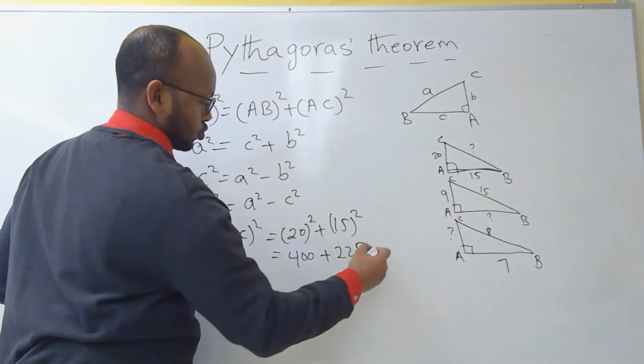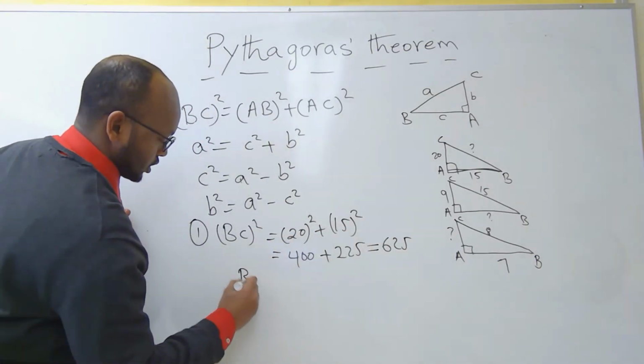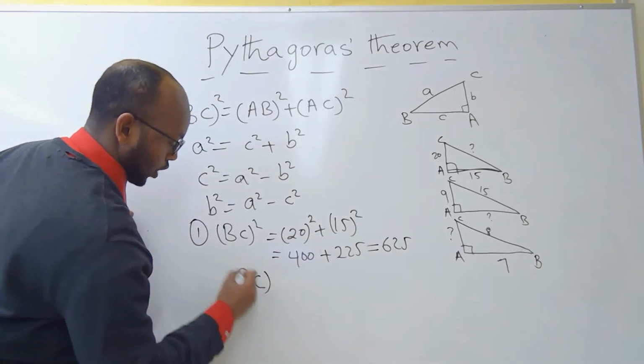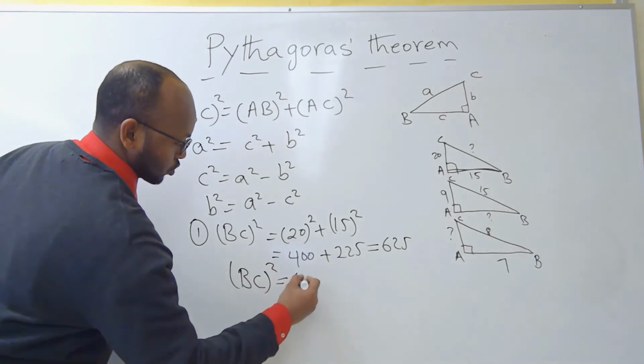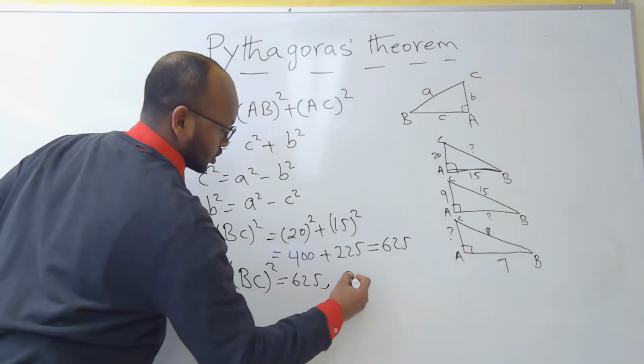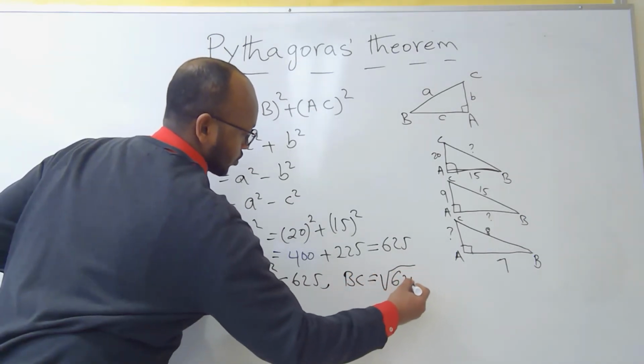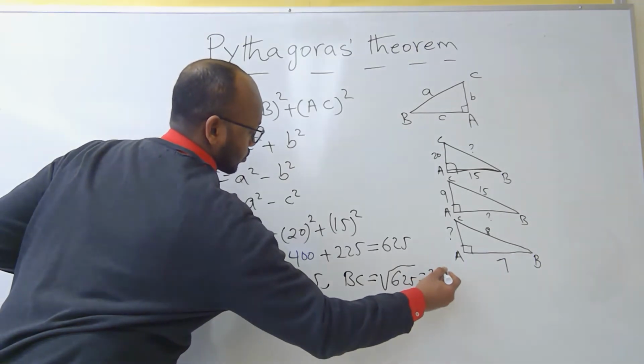When I add these two, it gives me 625. Therefore BC square is equal to 625, which is big, but there is a square here. I just need to get BC, which is the square root of 625, which is 25.